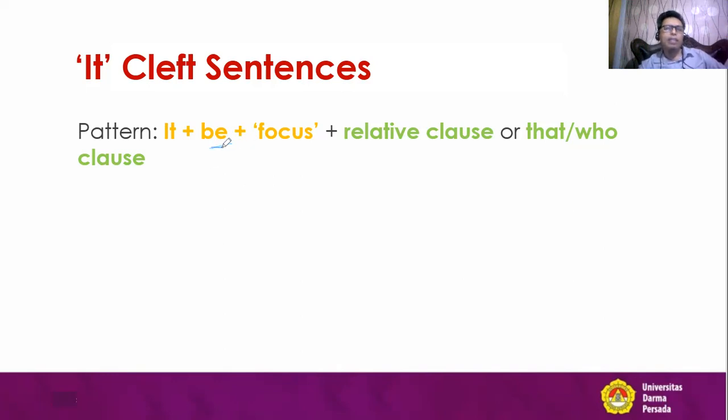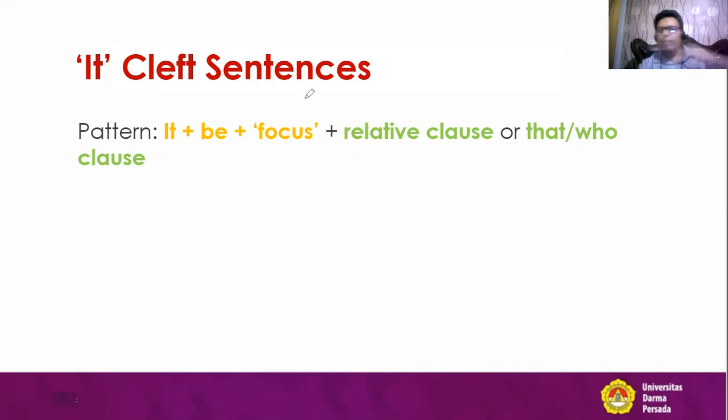You cannot say it are or it were, but it is, it was. And after that, we have the part which is the emphasis or the focus. So we put the focus, the emphasis, after it and then to be.